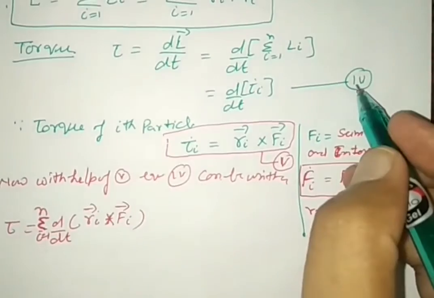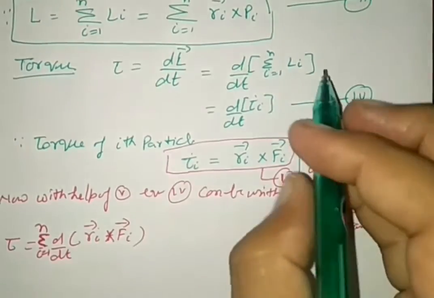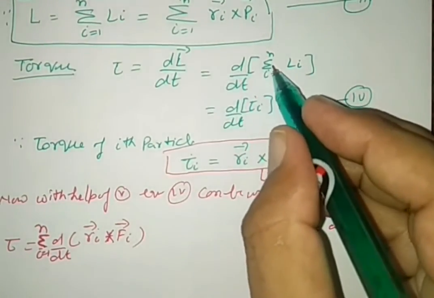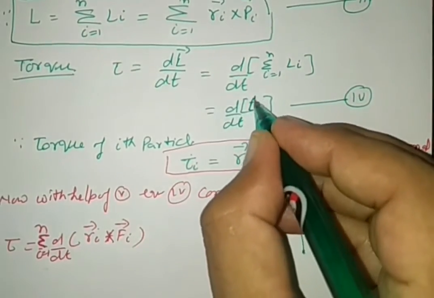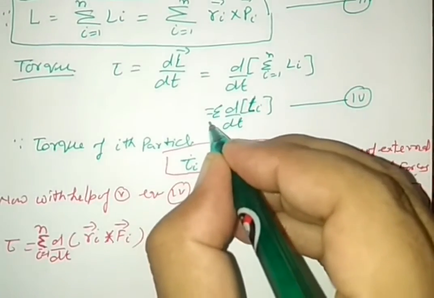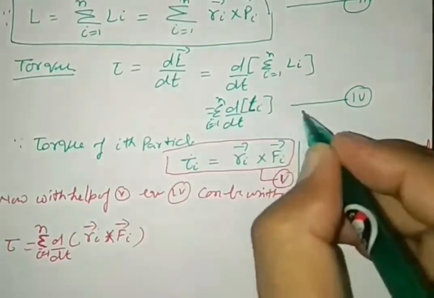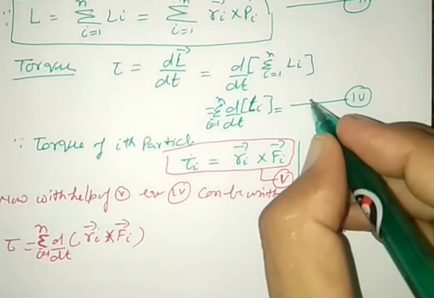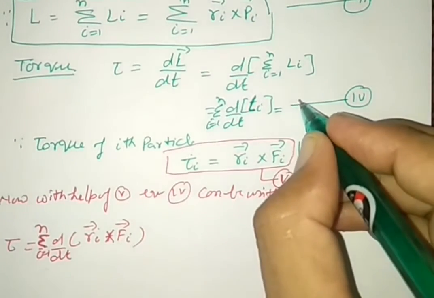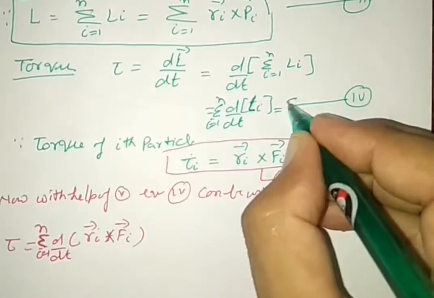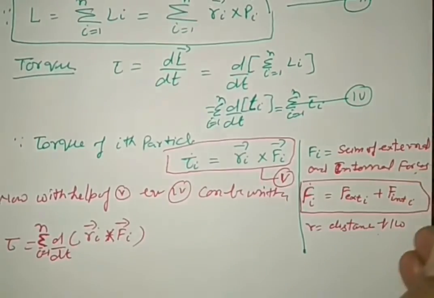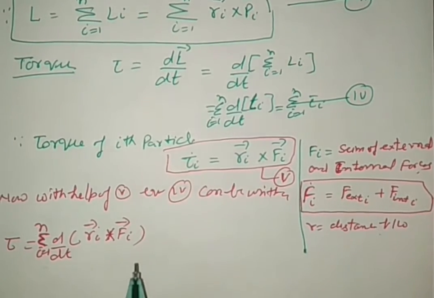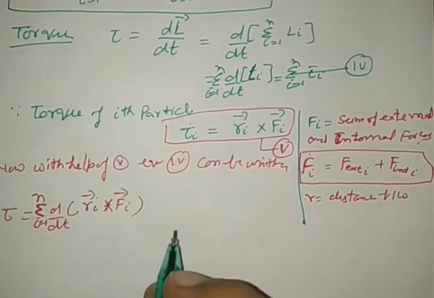See here in equation number 4 with rectification, it is d by dt of summation i equal to 1 to n of Li, and this is equal to summation i equal to 1 to n of tau i. It can be written in this form. Now see very carefully here, summation i, Ri, Fi.